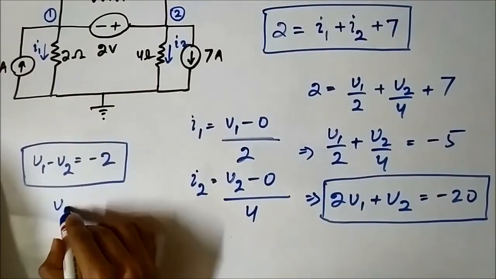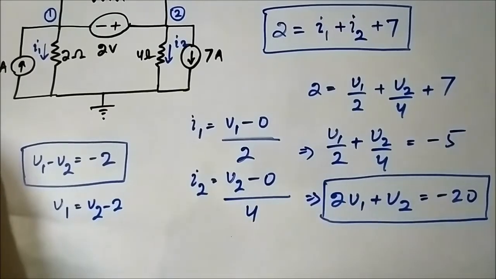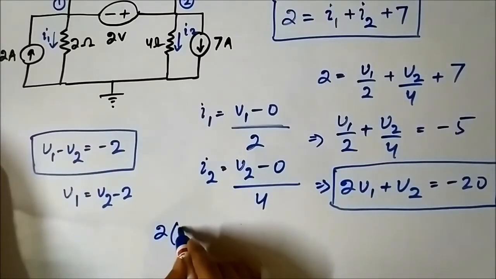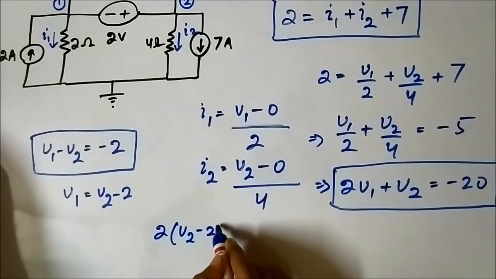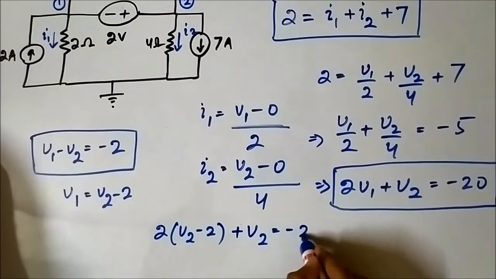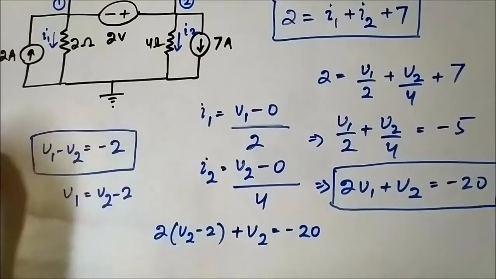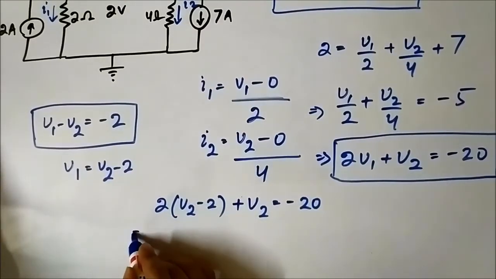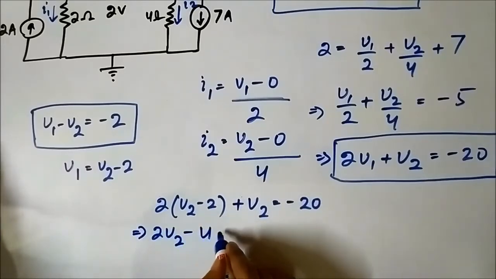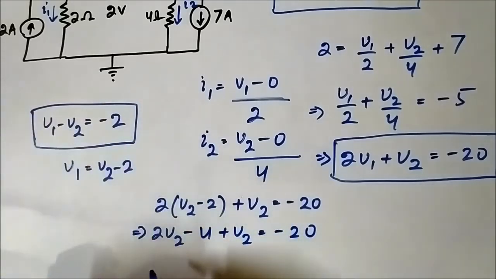Let V1 is equal to V2 minus 2. If we substitute this here, it will become 2 into V2 minus 2 plus V2 is equal to minus 20. That implies 2V2 minus 4 plus V2 is equal to minus 20.